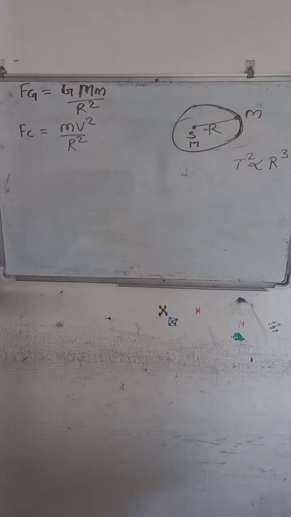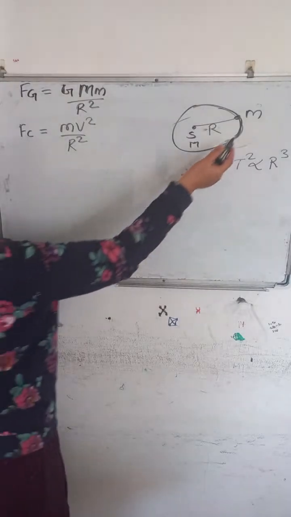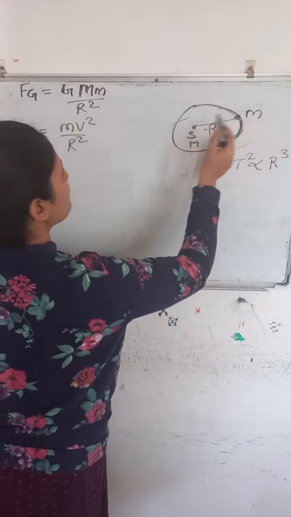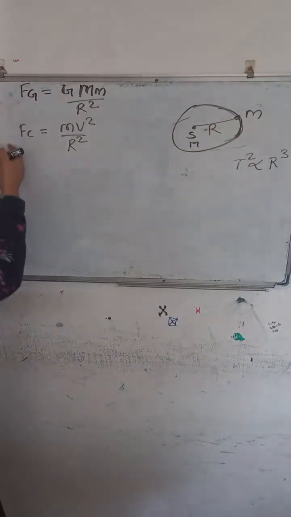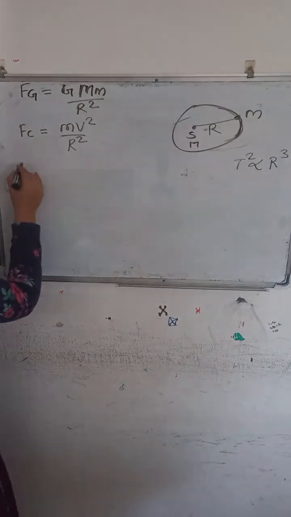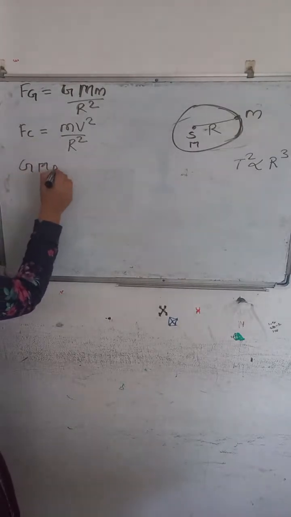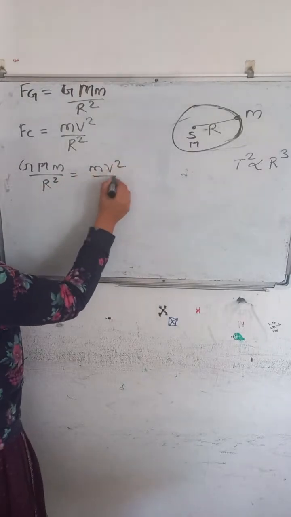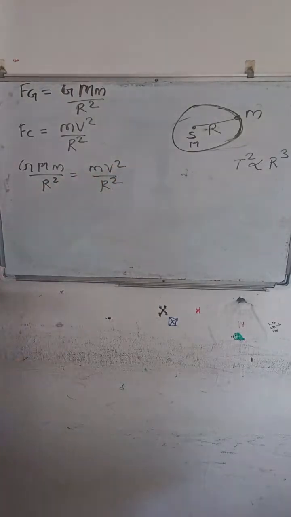So these are the two forces responsible. Centripetal force is responsible for the rotation, and there is a gravitational force between these two bodies. But both are forces, so we can compare them and write G M m upon r square is equal to m v square upon r. So this is nothing but what?